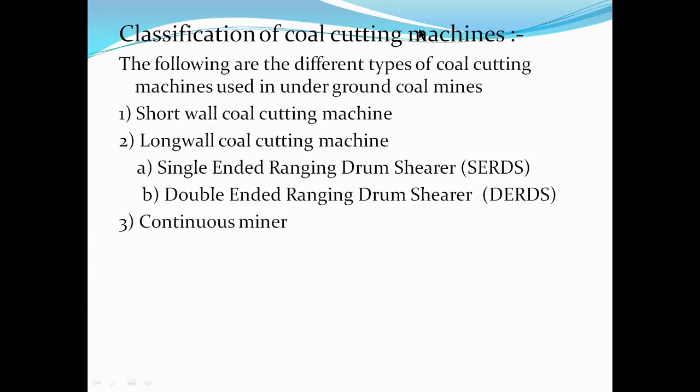Once the blasting is done, what do we do now? The blasted rock mass that is there will be cleaned out of the face. As a result, the face advances. The blasted material will be loaded onto tubs so that it can be taken to the surface.